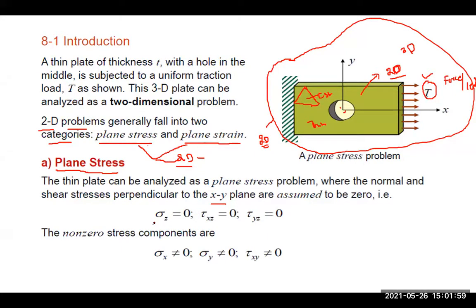Here x and y are the main dimensions, and perpendicular to this means the z direction. So sigma z is going to be 0, and tau xz, the shear stress in the x plane in the z direction, is 0. Similarly, tau yz, in the y plane in the z direction, will become 0.